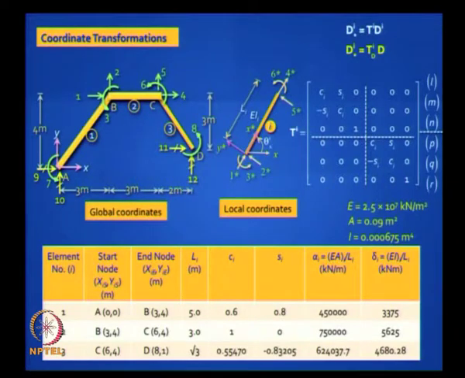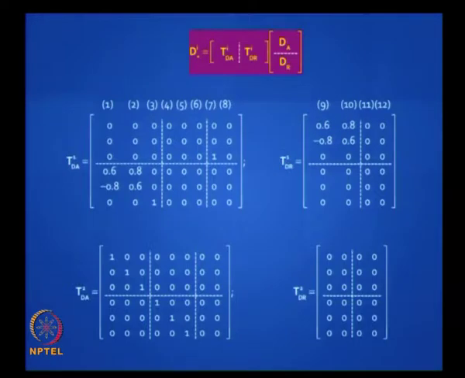So basically you have to use these transformation matrices and fill up at the appropriate column. You see the tail end gets filled in element 1 and the start end gets filled in element 2. It is only 1. Is it clear? I hope you know how to fill up this.